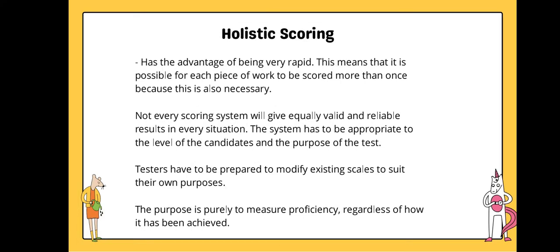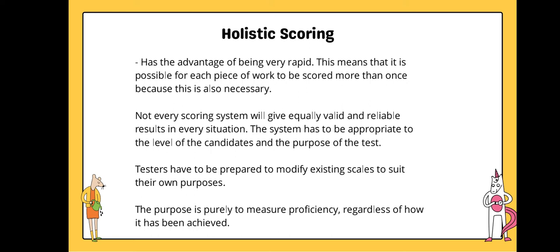Holistic scoring has the advantage of being very rapid. This means that it is possible for each piece of work to be scored more than once, which is also necessary. Not every scoring system will give equally valid and reliable results in every situation.